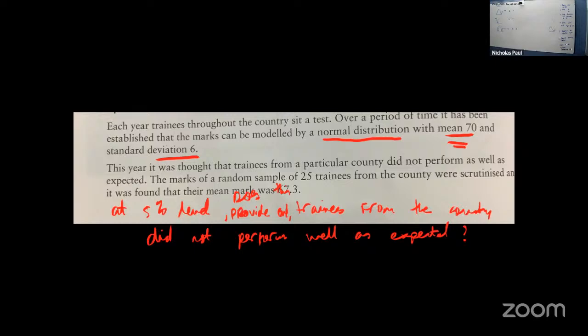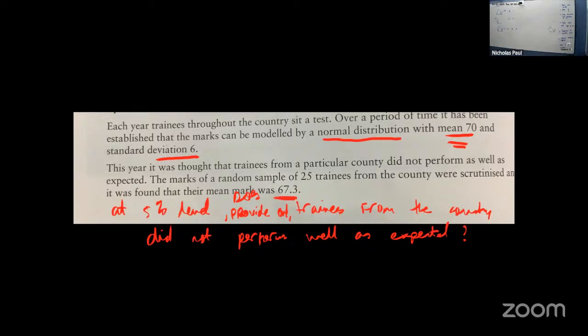The marks of a random sample of 25, so n is 25, from the county were scrutinized, and it was found that the mean mark was 67.3. Okay, so we'll talk about what that means just now.